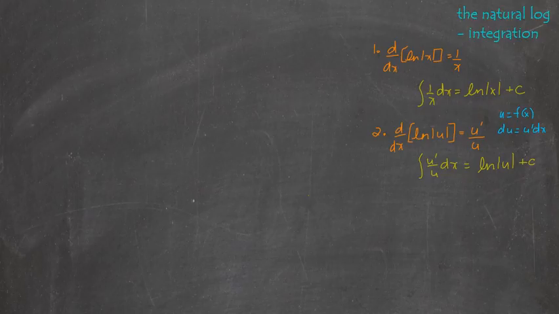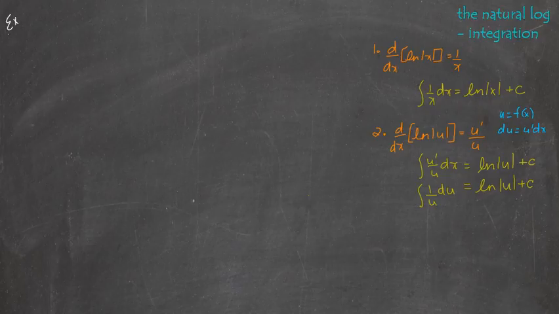So another way I could write this initial condition for the antiderivative is the antiderivative of 1 over u du. And that equals the natural log of absolute u plus c. No difference between the outcome, just the input expression or the original condition may be written in one of two different ways. So these are the two rules for integrating the natural log. Just like differentiating, I think we just need to do a bunch of examples.